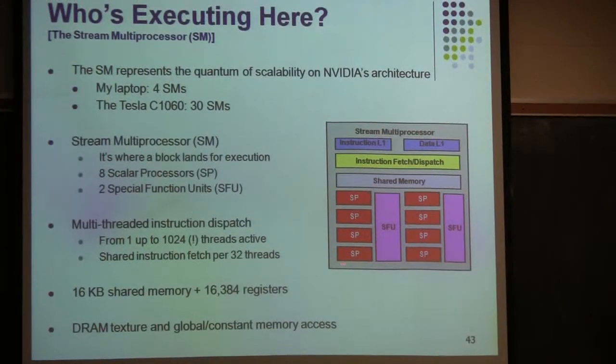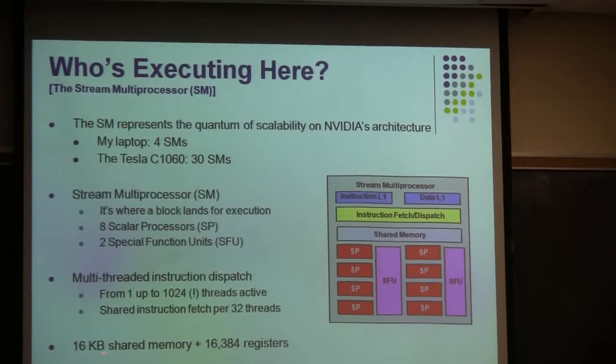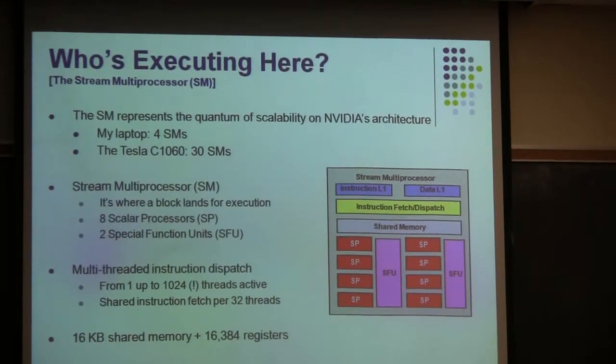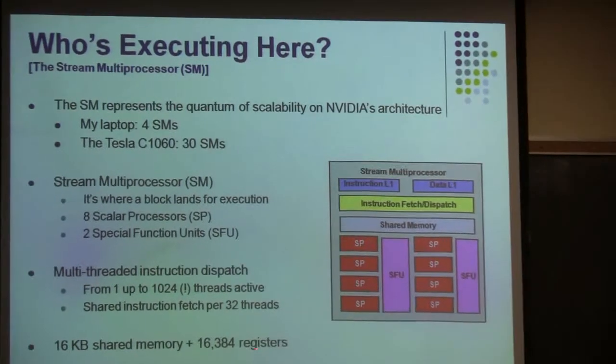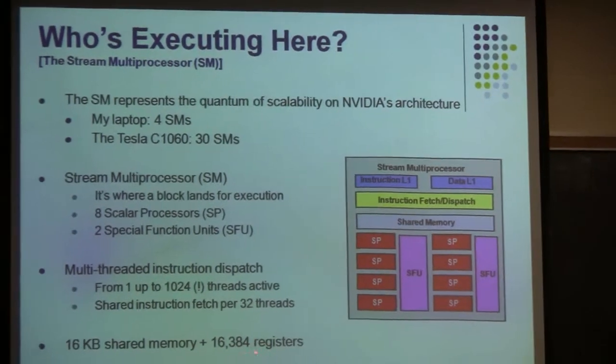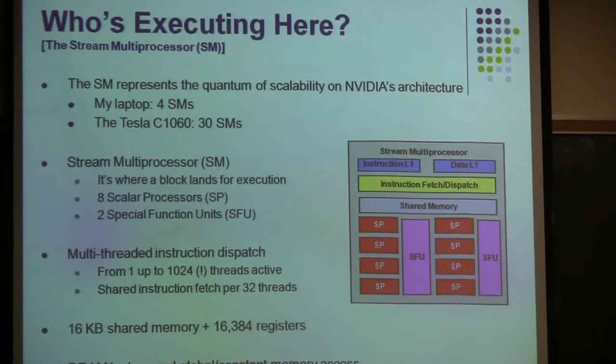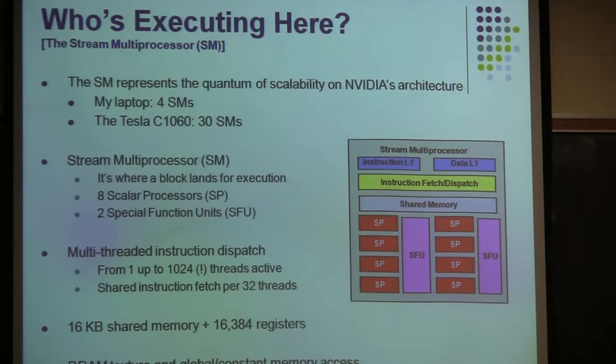In terms of shared memory, it has 16 kilobytes of it, not that much. It also has a number of registers, and this is pretty high. It has 16,384 registers, and those registers can hold either an integer or a single precision float. So it's basically like 4 bytes.